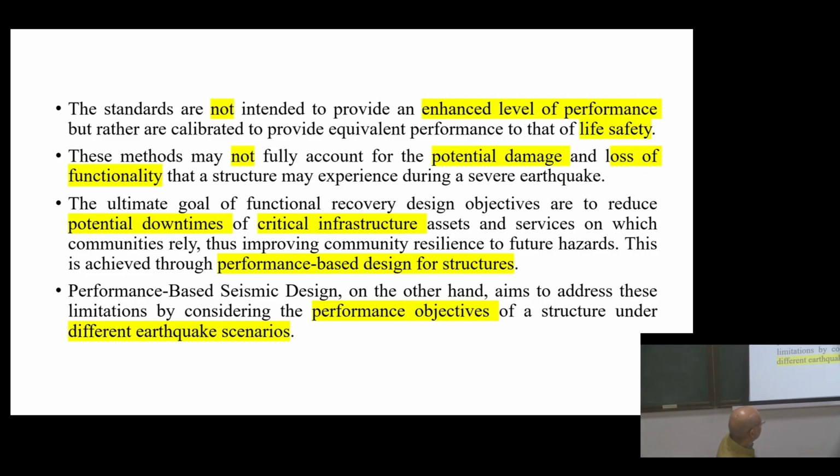So the second point says this method may not fully account for potential damage or loss of functionality that the structure may experience during a severe earthquake. That means it does not account for full damage. The structure may not perform if a more severe earthquake than what you expect comes, because this is a natural phenomenon which is not in anybody's control. So it is based on certain scientific evaluations.